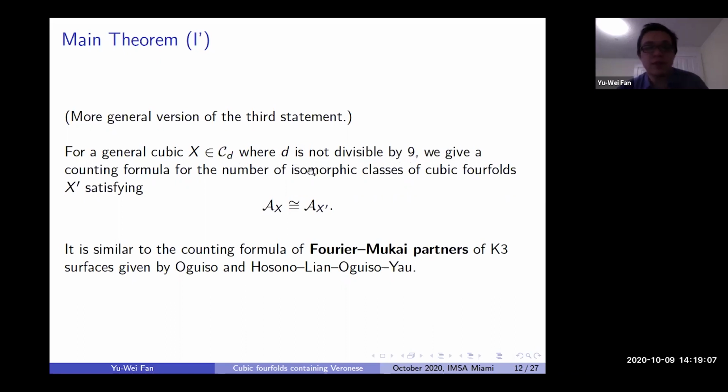For a general cubic in CD, where D is not divisible by 9, we also give a counting formula for the number of isomorphism classes of cubic fourfolds that share equivalent K3 categories. The proof is really similar to the counting of Fourier-Mukai partners for K3 surfaces given by Hosono, Lian, Oguiso, Yau. But for our theorem, we just need D equals 20, and that'll be enough.